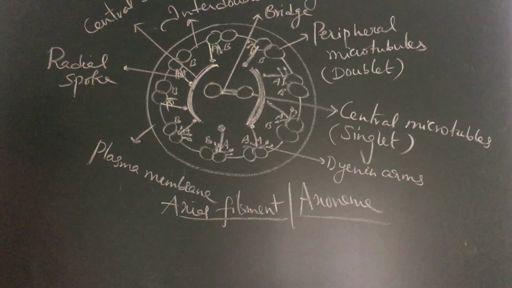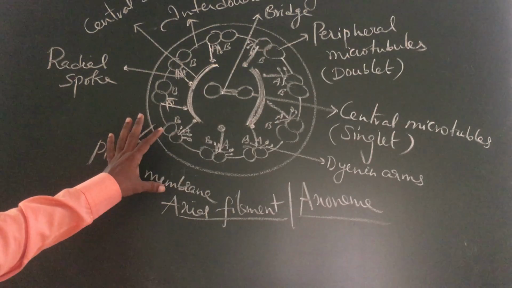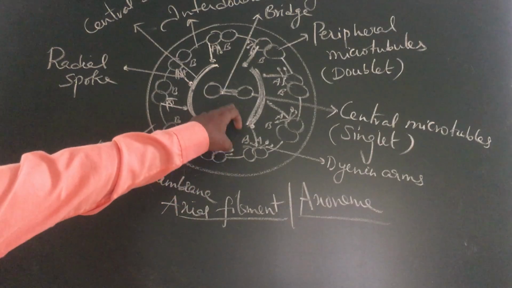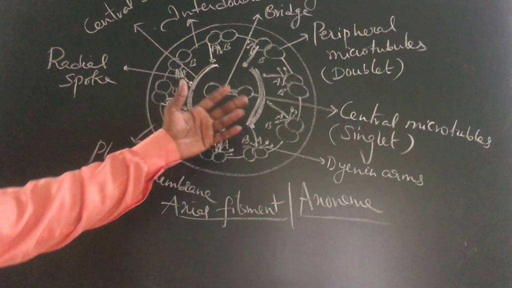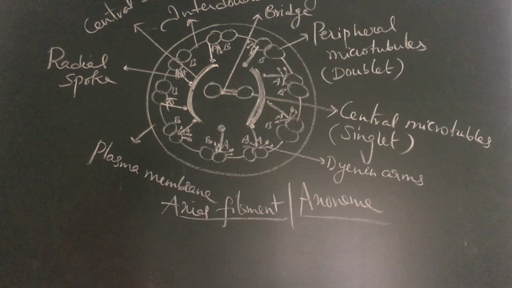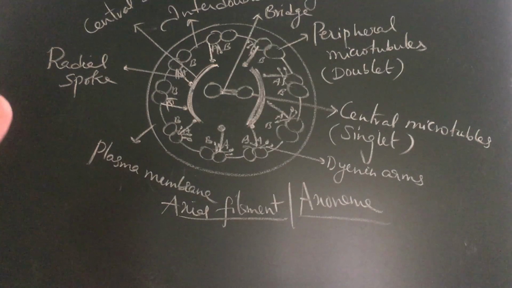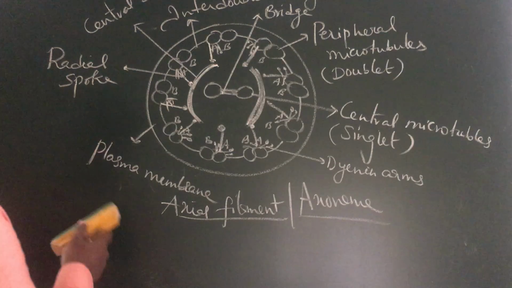Now note down the 9 plus 2 arrangement. Now you understood what is the 9 plus 2 arrangement: total 9 doublets and 2 singlets. So we call it 9 plus 2, located in the periphery and the center. We call it the 9 plus 2 array. So note down, continue the points.